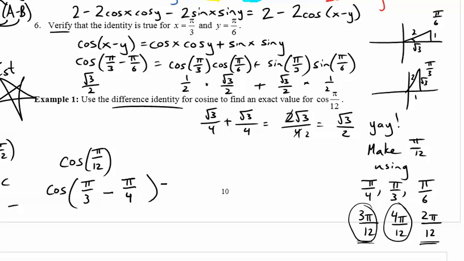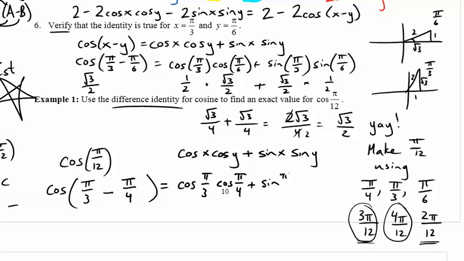And now what I can do is expand using the formula that the cosine of a difference of angles is the cosine of the first times the cosine of the second plus sine of the first, sine of the second. So I'm going to do cosine of the first angle times cosine of the second angle plus sine of the first angle times sine of the second angle.